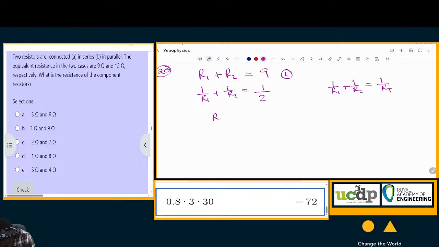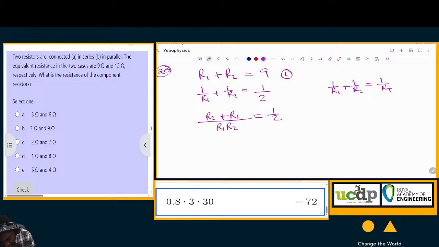So if you are to add that, you're just combining that.